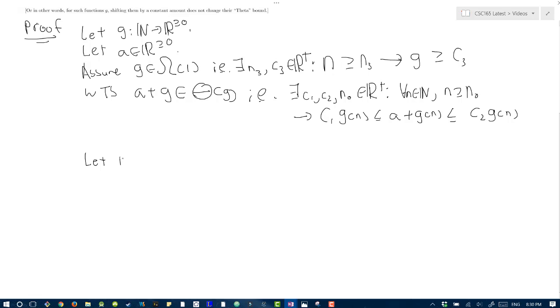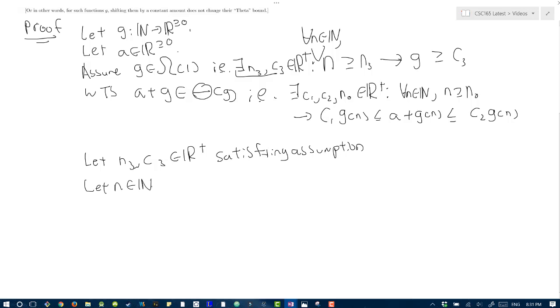So let N3, C3 be real numbers satisfying the assumption. Oh, and here, I forgot that n should be natural numbers. Okay, so first we have this, then we let n be a natural number, and we assume n is larger than or equal to N3.